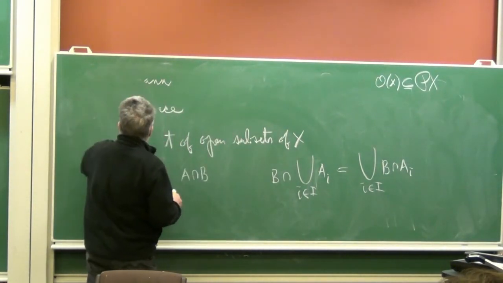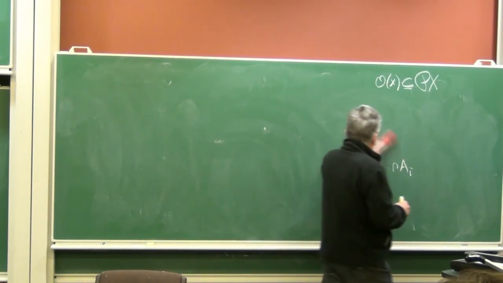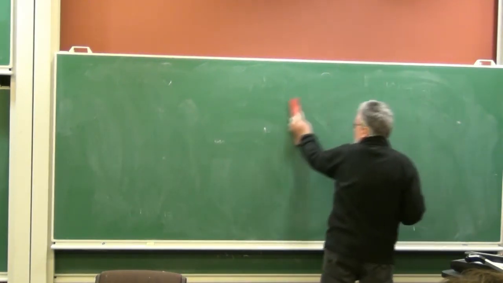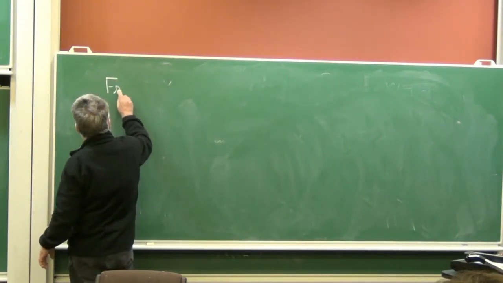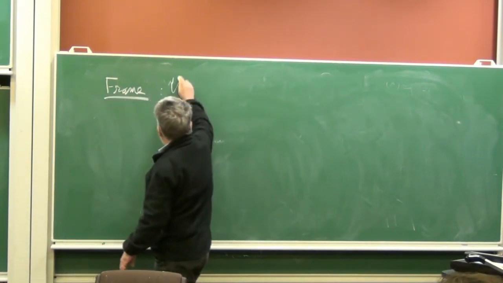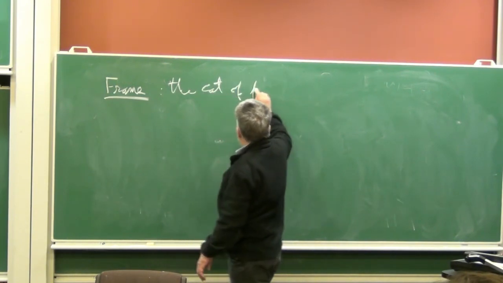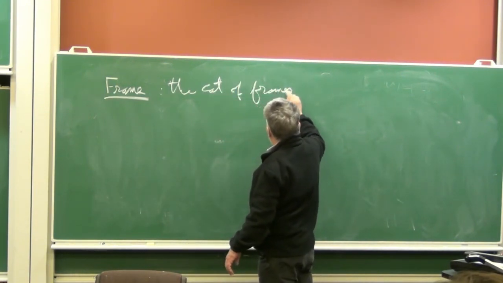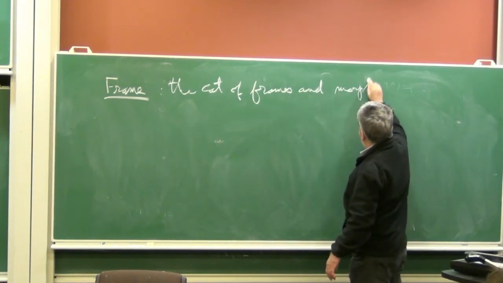And this is the category that people doing formal topology are studying. The category of frames and morphisms of frames.